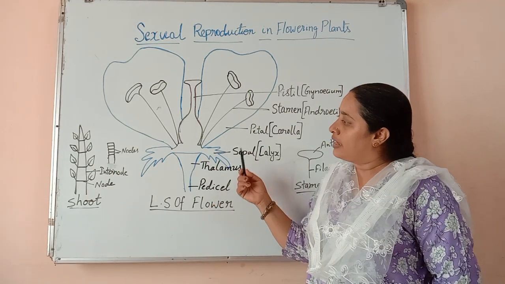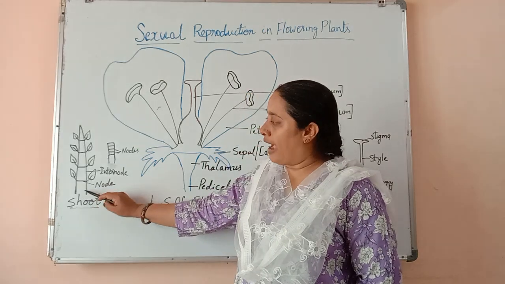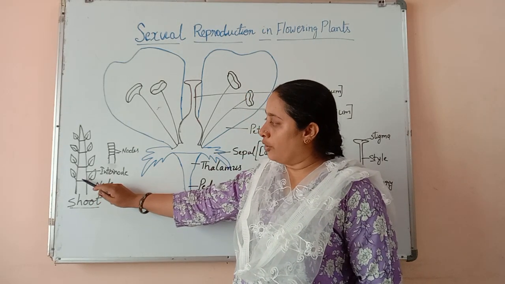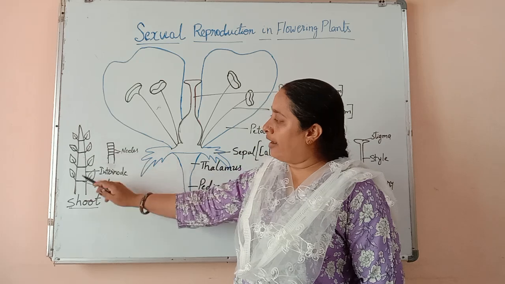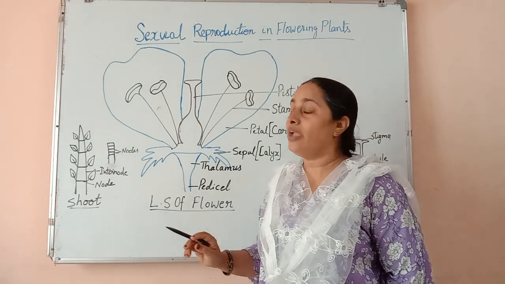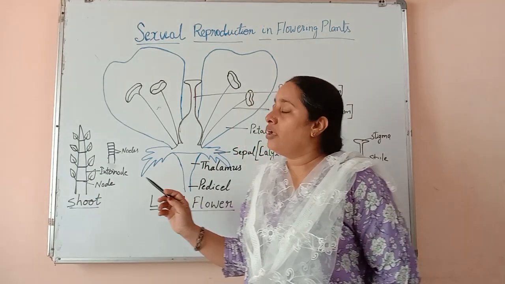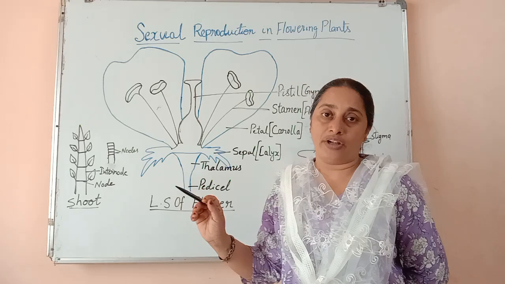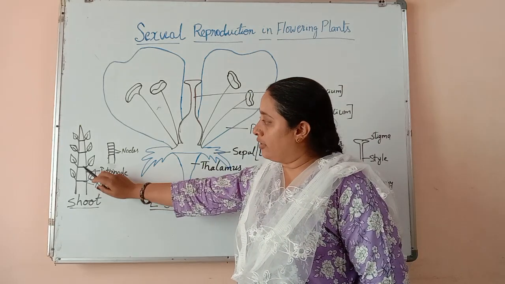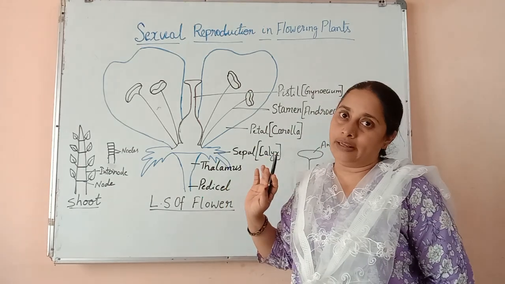See, dear students, the flower shoot system, which was earlier having internodes and nodes, and every node was producing leaves, during the course of evolution, what happened? All these internodes degenerated and disappeared completely.